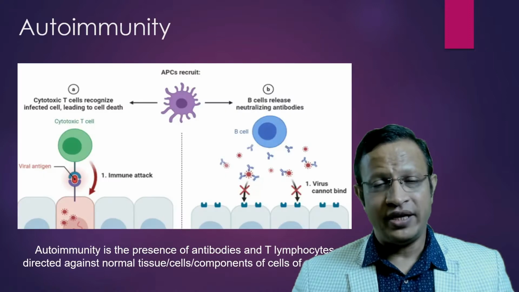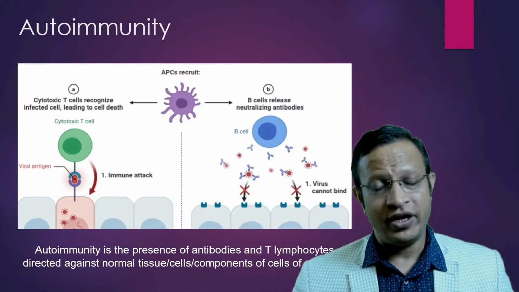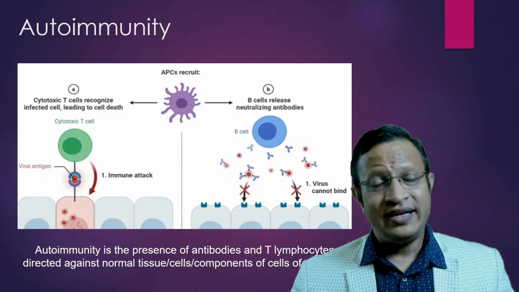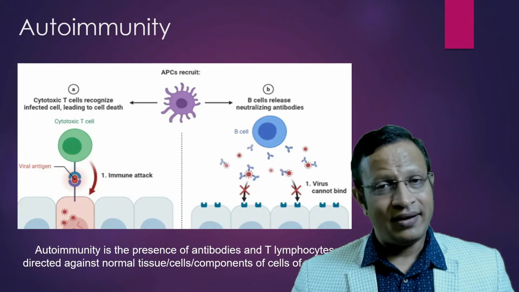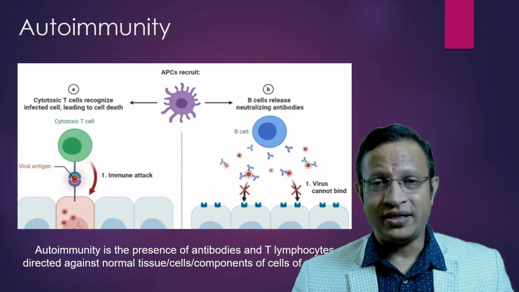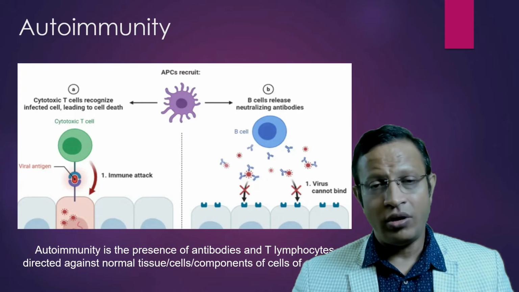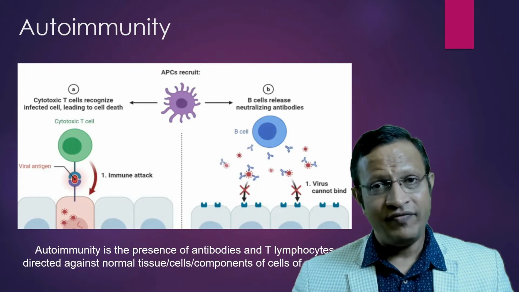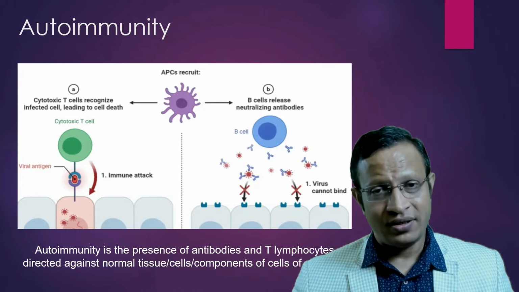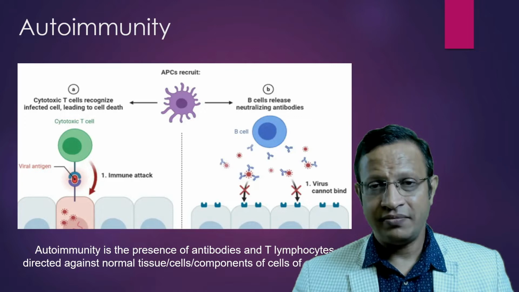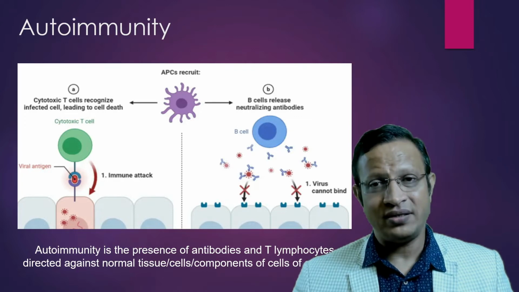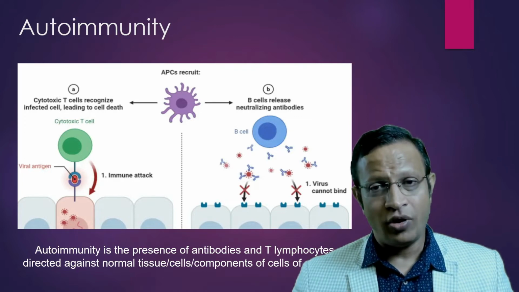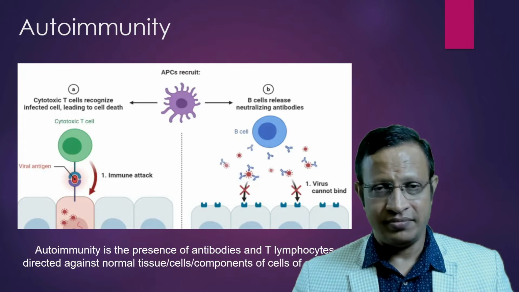As you know, in immunity, the lymphocytes play a very crucial role. The T lymphocytes directly attack the cells which are infected by either virus or bacteria and neutralize the invading agent. Similarly, B lymphocytes, after recognizing the antigens, that is the virus or the bacteria, release antibodies and neutralize them.